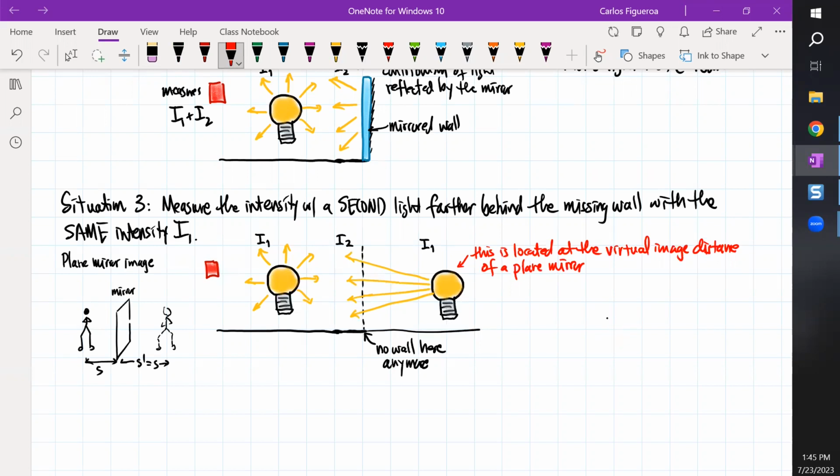And this guy right here is a real light bulb with intensity I1, but it's farther from the light sensor.